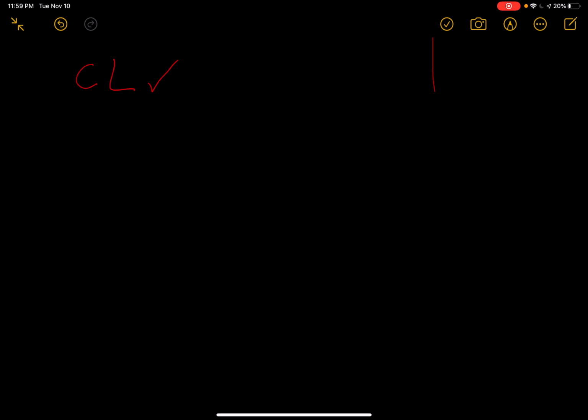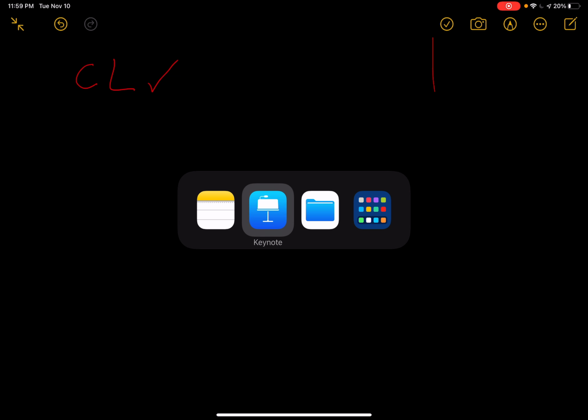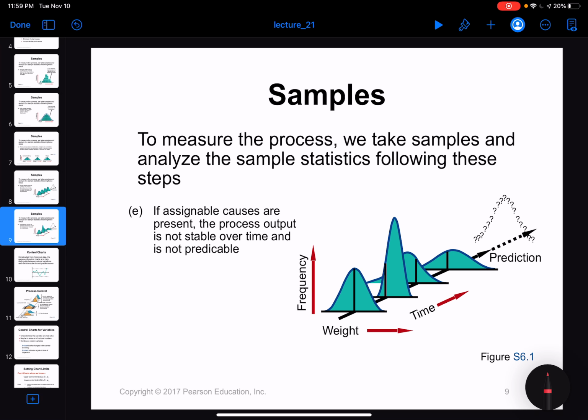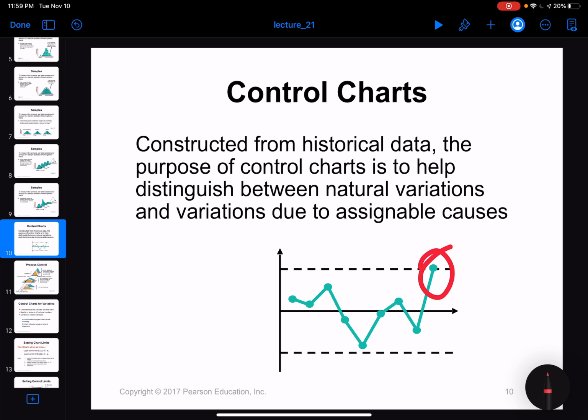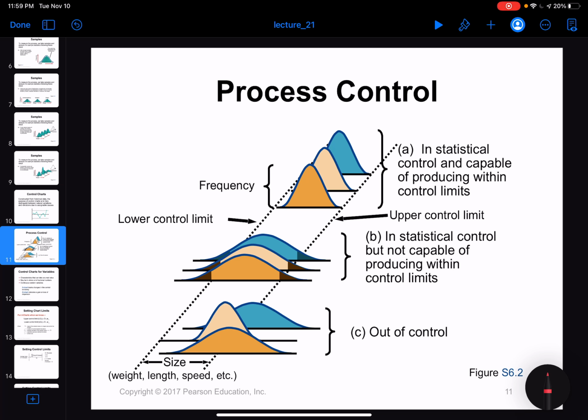I think that's pretty much the introduction. Let me see if we can go back. So look at this. People basically need to find out what's happening here. This is the control chart. If you have a control chart and at this point it's out, that means you do have some trouble. This is statistical quality control.